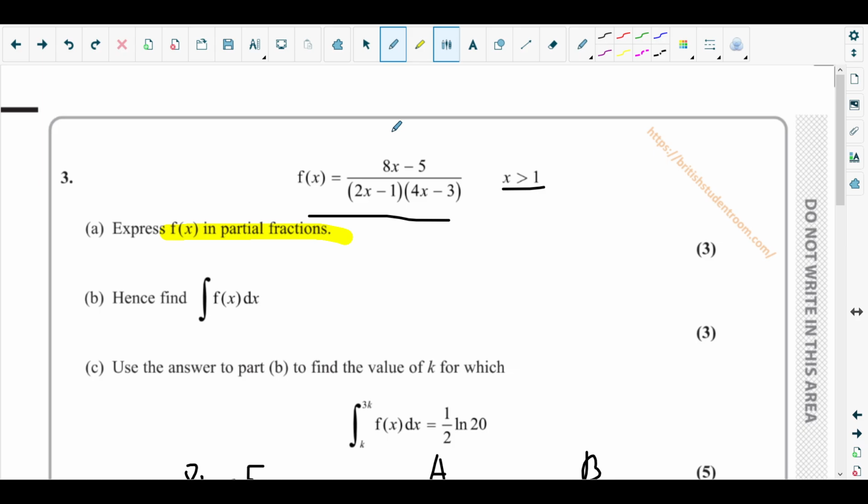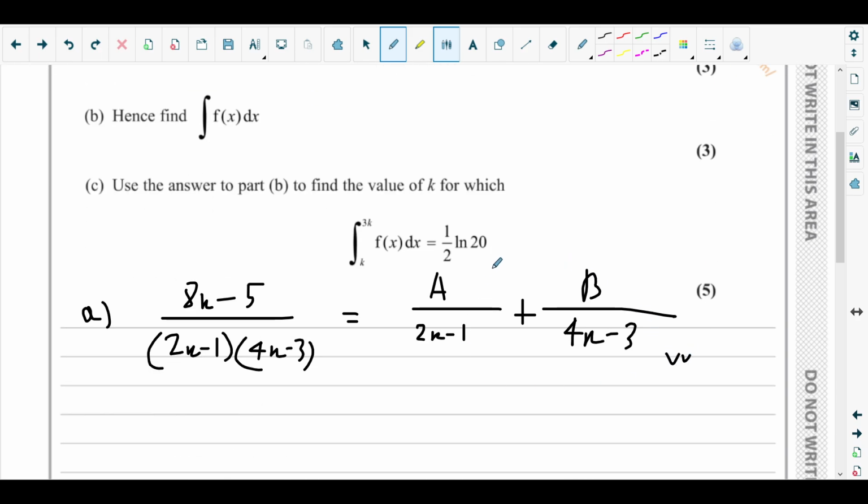If the power of the denominator is greater than the power of the numerator, as is the case here, these algebraic fractions are called proper fractions. For proper fractions, the partial fraction would be in the form as shown.